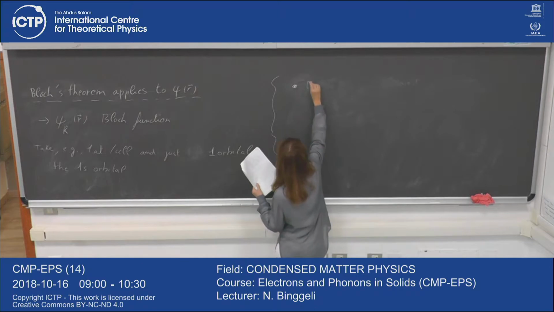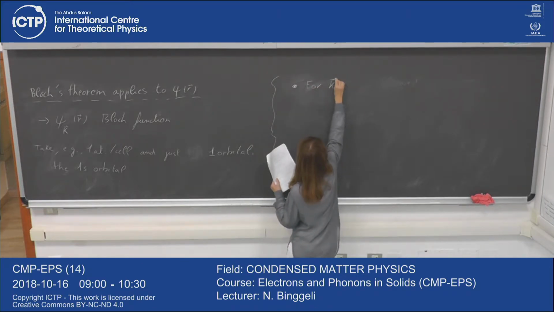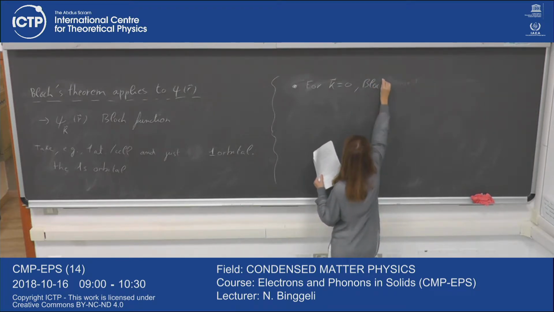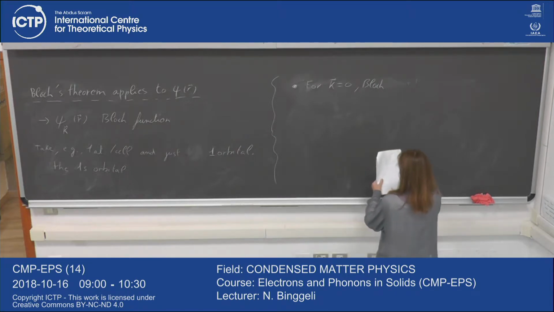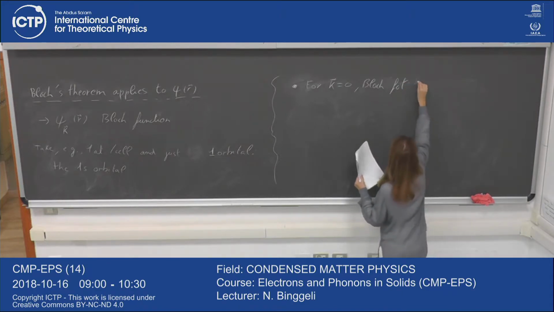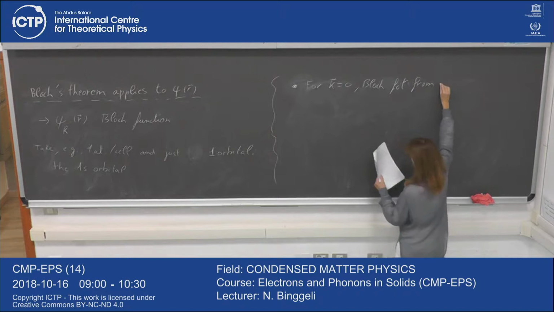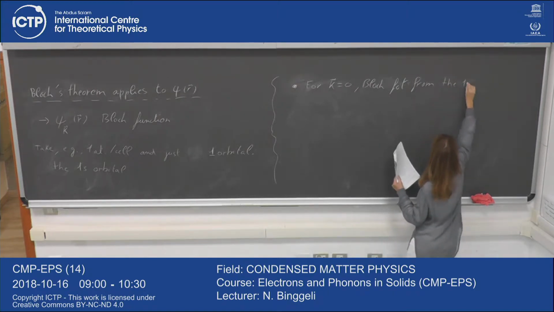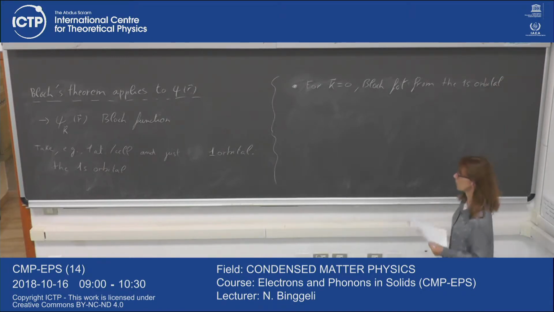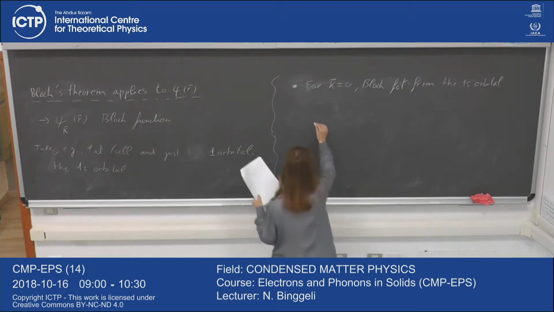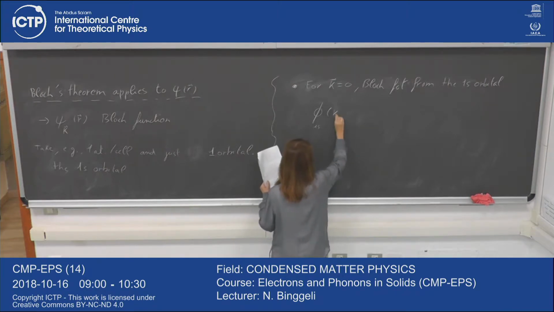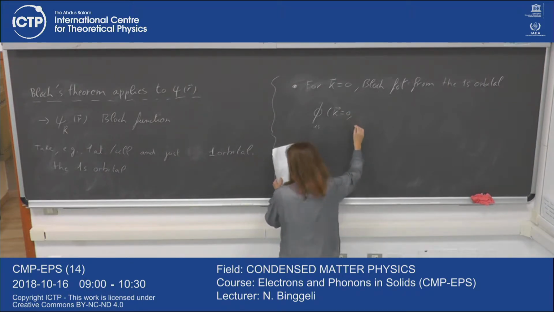The Bloch function from the 1s orbital would be just phi_1s,k=0(r).